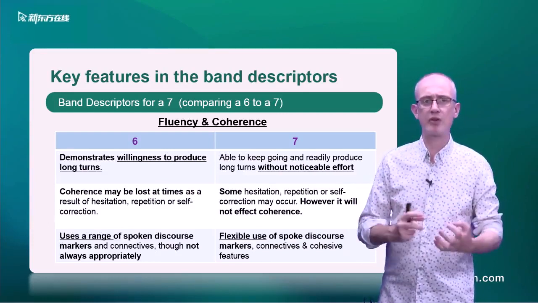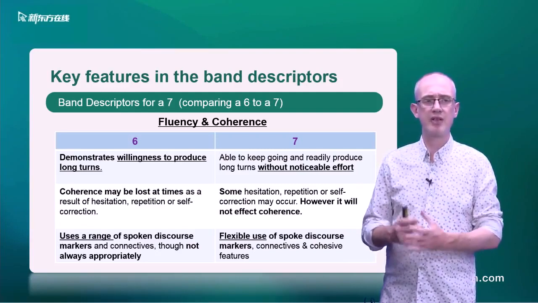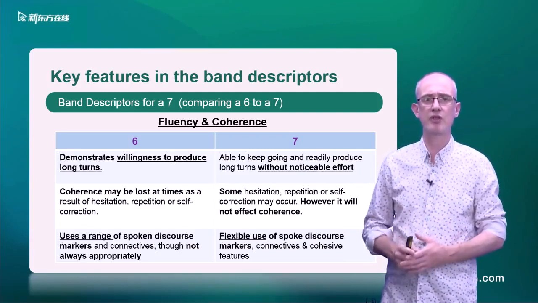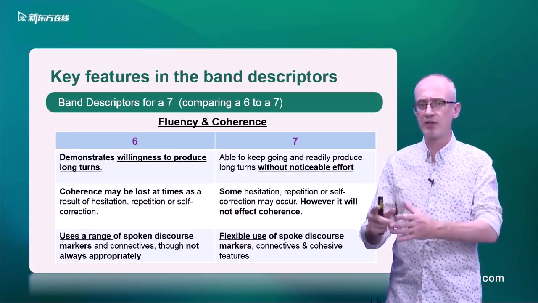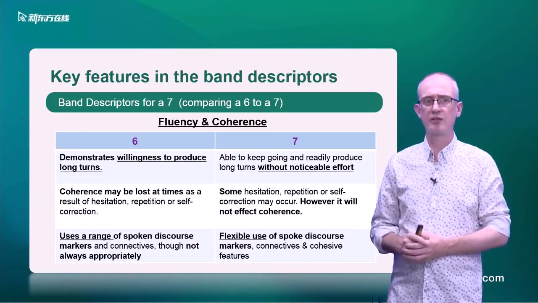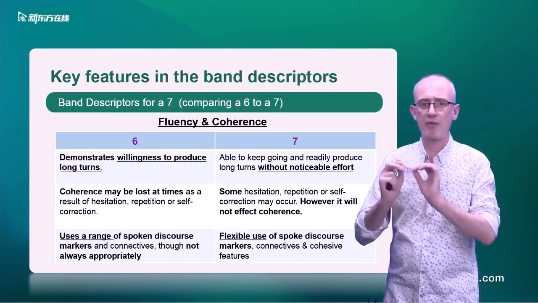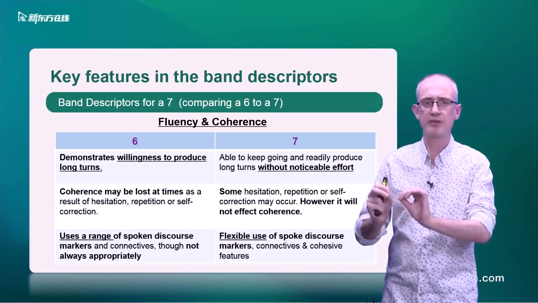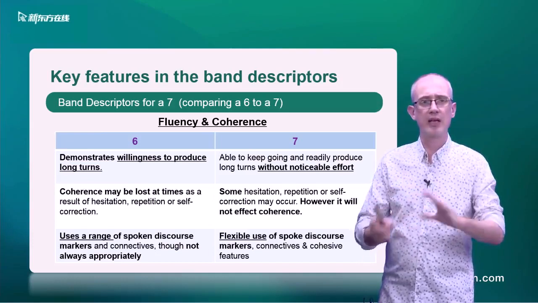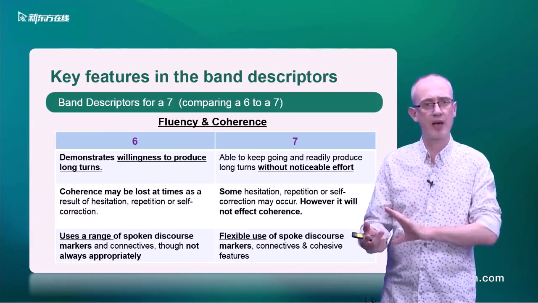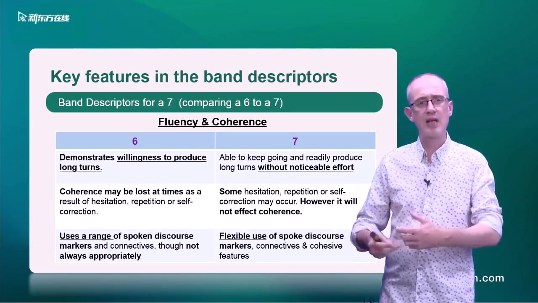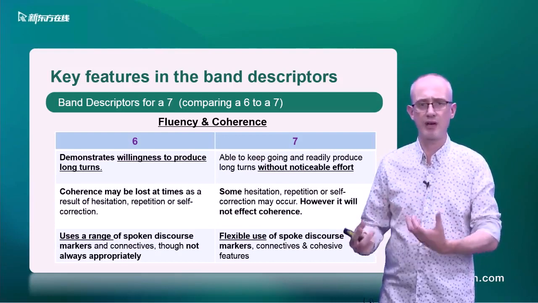Coherence may be lost at times as a result of hesitation, repetition or self-correction. That's a 6. For a 7, some hesitation, repetition or self-correction may occur. However, it will not affect coherence. So, we're talking hesitation which affects coherence, and for a 7, hesitation which doesn't affect coherence.